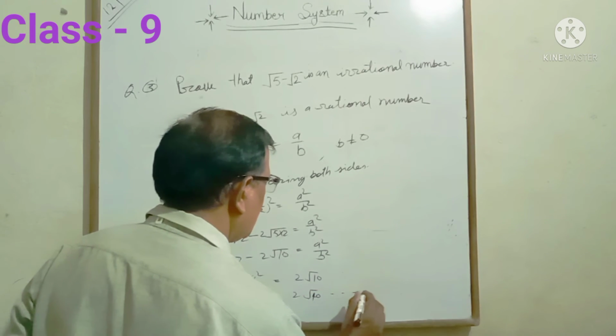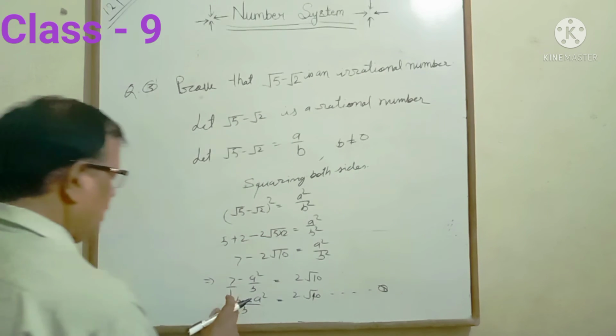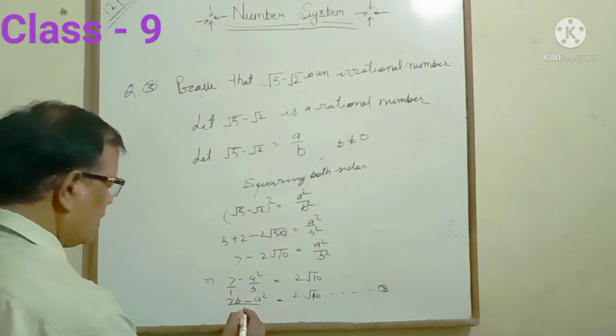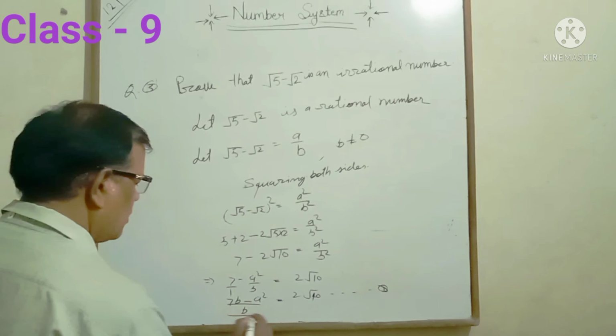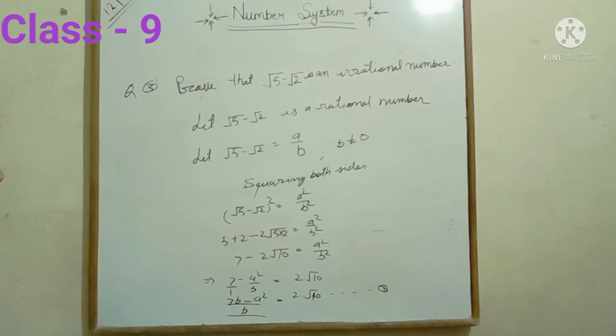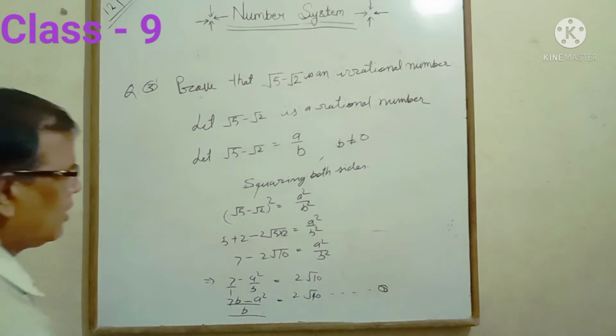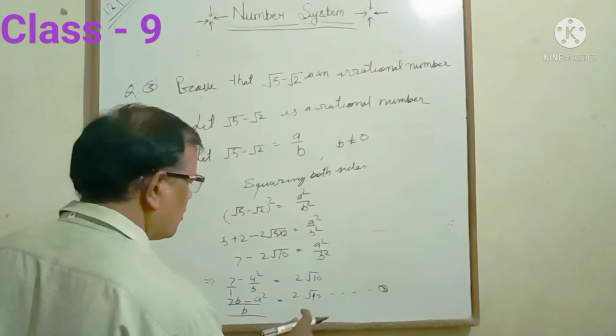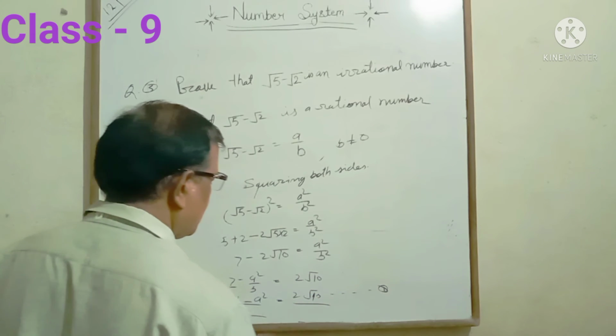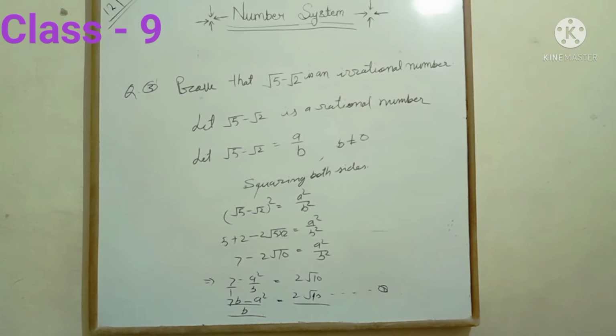Now we see that a and b are integers. So the left side is rational, but here we see root 10 is irrational. Contradiction.